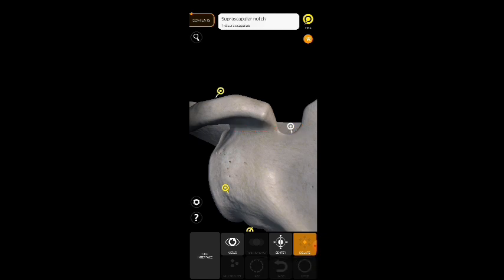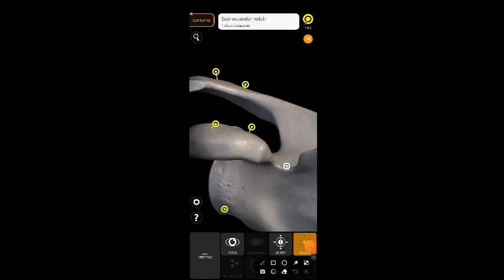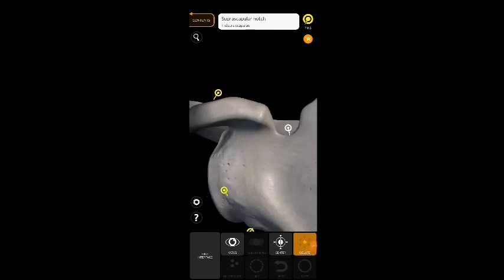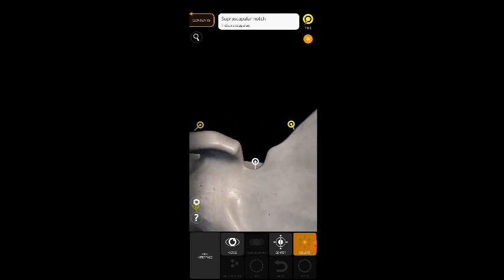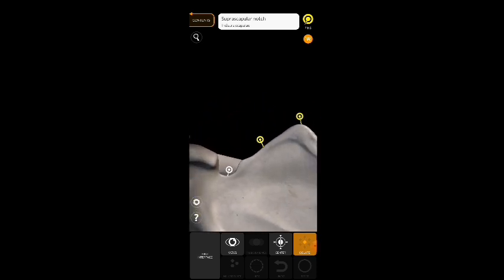This is the suprascapular notch, present at the root of the coracoid process, on the superior border. This is our superior border, and on the superior border there is the suprascapular notch at the root of the coracoid process. Clear?